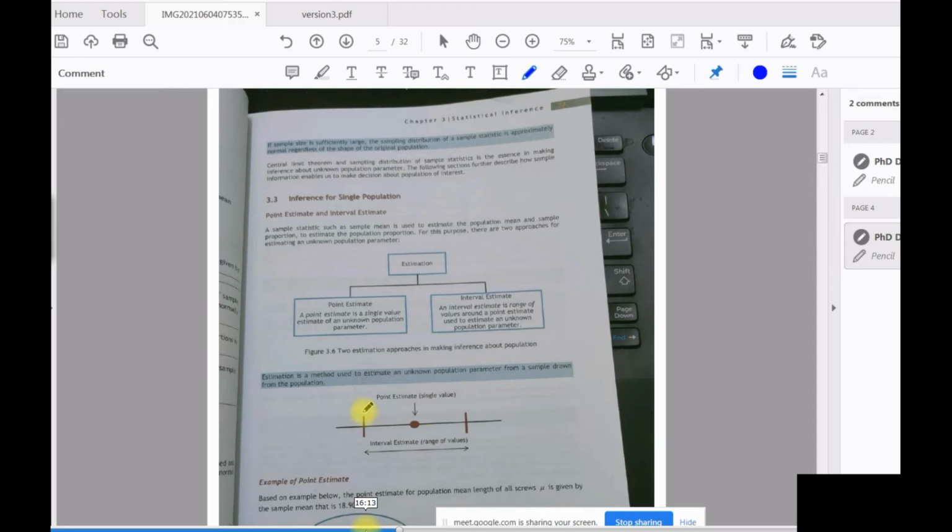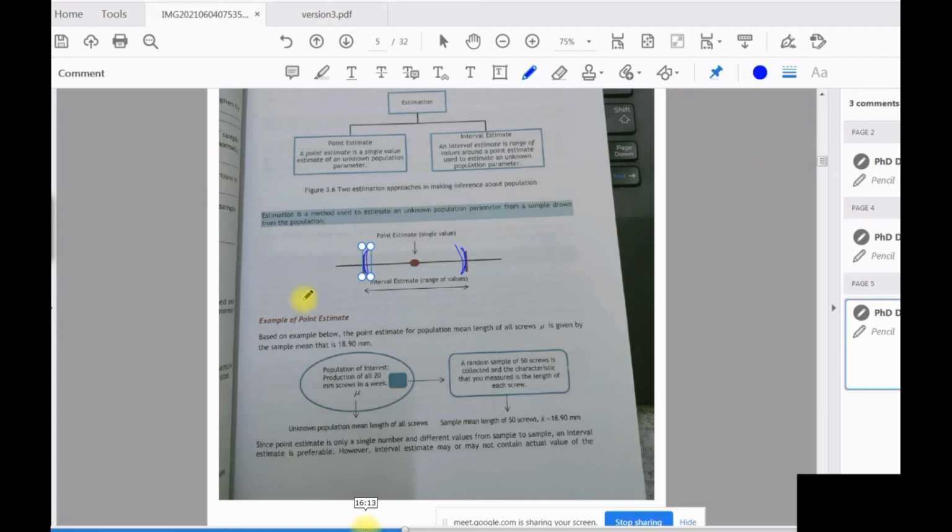If we look here, there is a range of values, and every value inside the interval will be our range of estimation values.